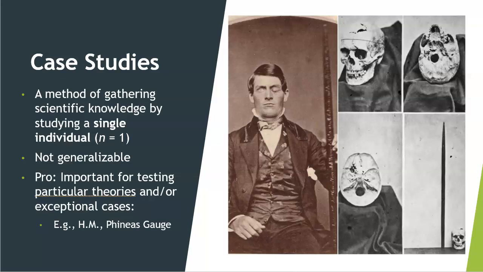So a really interesting case is Phineas Gage. He's the guy pictured on the side, and he was a railroad worker, and he was working on the railroads one day when there was an explosion, and a metal pipe went through his head, through his left eye, right eye?